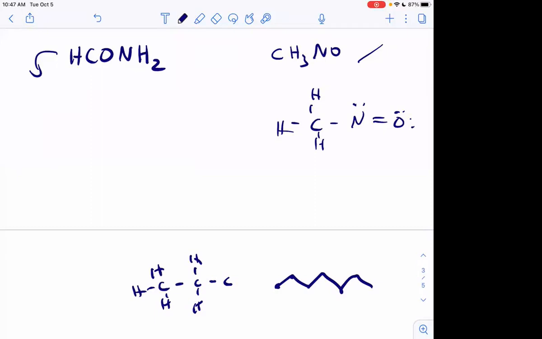So anybody get a structure for this one? Besides Abigail and Houston and Carter. Anybody else? What'd you get? I got the one that you did, and that one too. And then I had an oxygen in the middle, double bonded to a carbon, and then 2 free electrons on the carbon, and then a hydrogen attached to it.